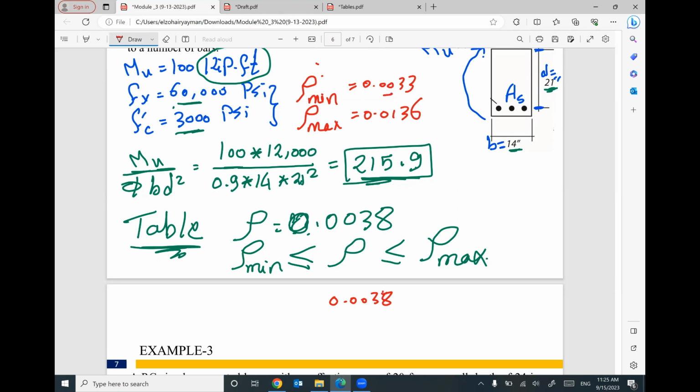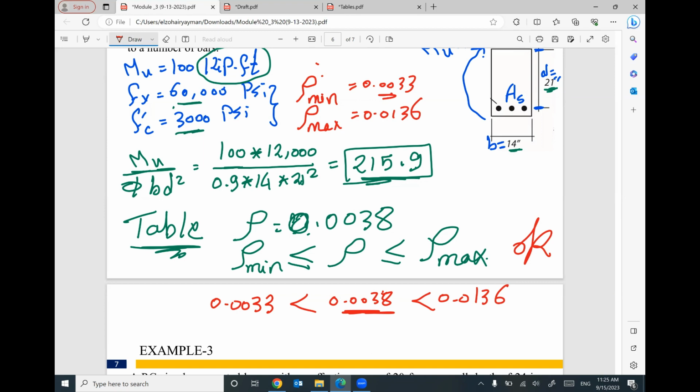Your rho minimum at the beginning, 0.0033. The rho maximum, 0.0136. I believe that my rho is greater than the rho minimum and smaller than the rho maximum. It's okay. Move forward.